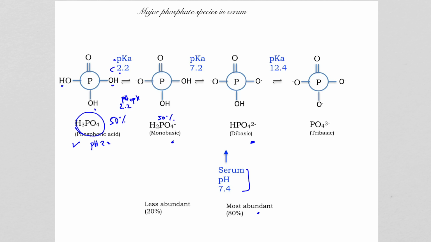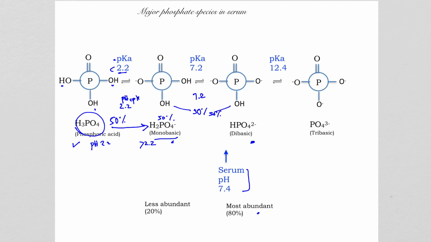Once the pH goes greater than 2.2, more and more of this will convert into the monobasic form. And then at pH exactly 7.2, we have 50% of this and 50% of this.